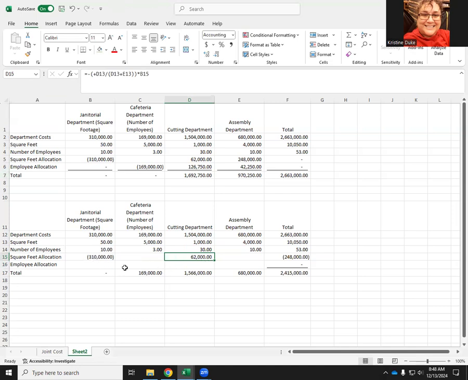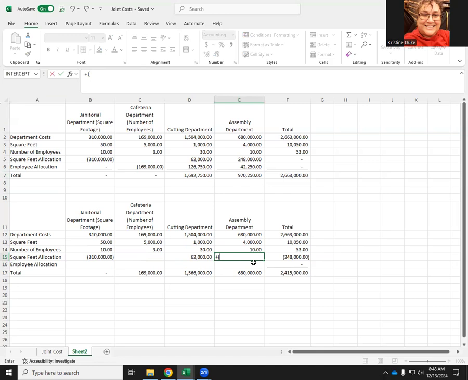Two negatives make a positive. I'm going to do the same type of formula. I have to make sure I get my parentheses in there right. This divided by 1,000 plus 4,000 times this amount. Make sure that's a negative.